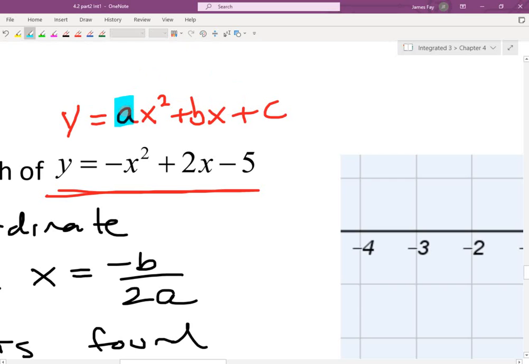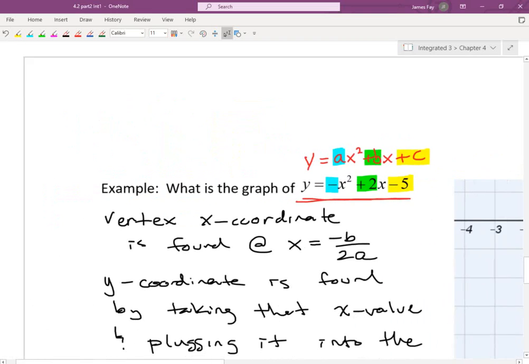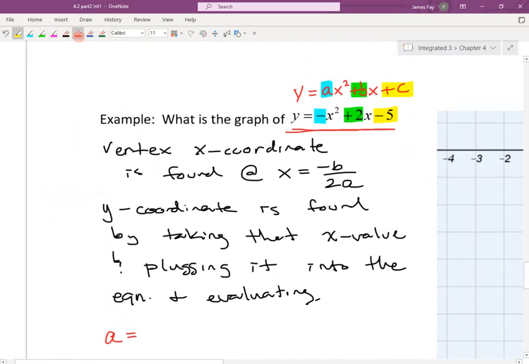A is alphabetical because A, B, C. A is the coefficient for the x squared term. B is the coefficient for the x to the first term. And C is the constant, the one that does not have an x with it. So is it easy to see that A is -1? Yeah. Okay, so A is -1, B is 2, and C is -5.